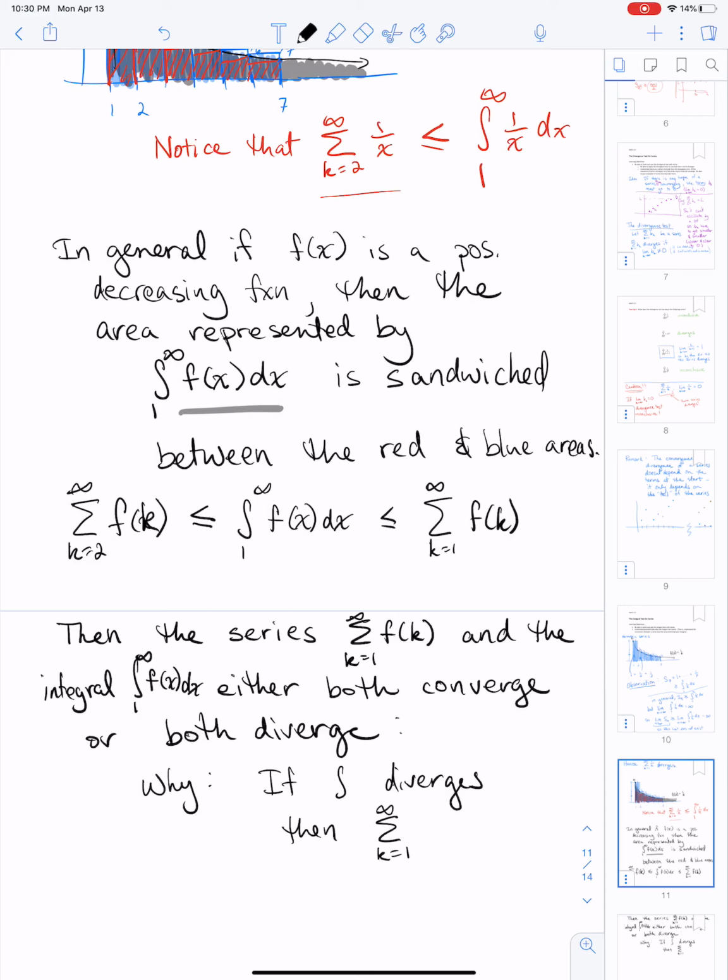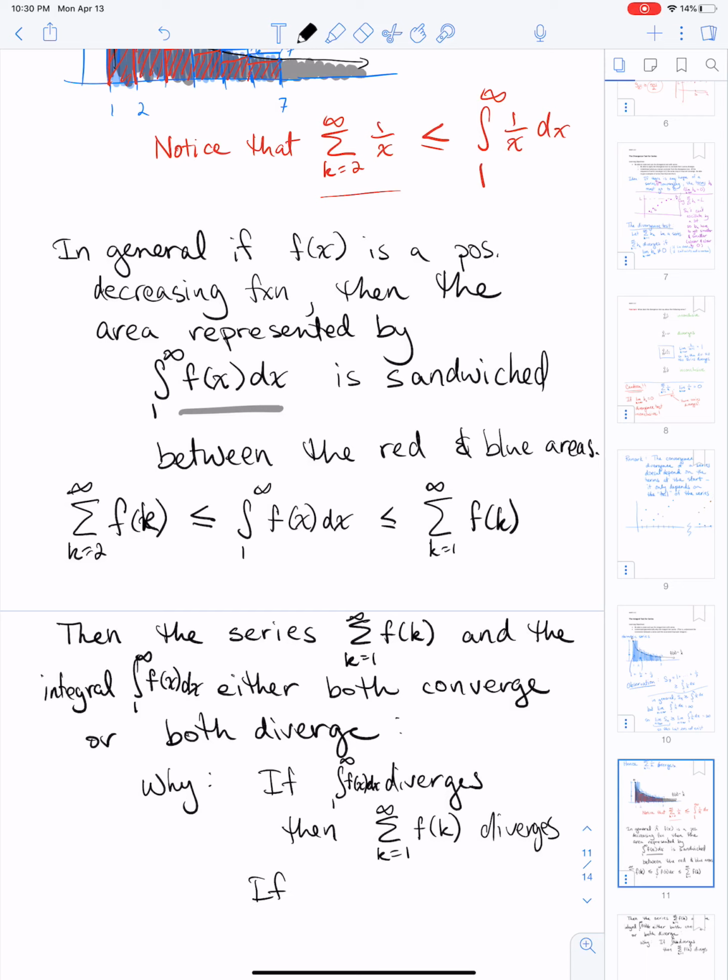I'm using shorthand here, so I'll go ahead and not do the shorthand. And then the sum from 1 to infinity of f of k diverges.